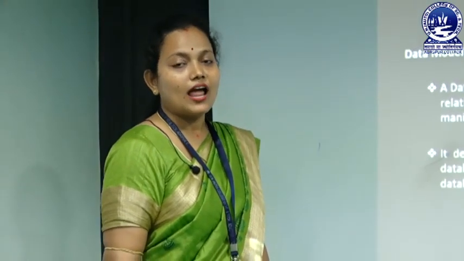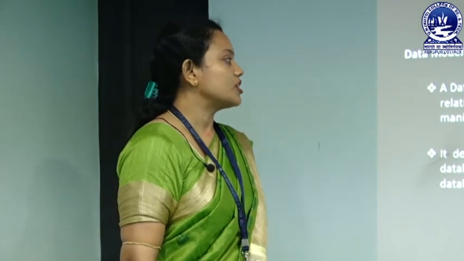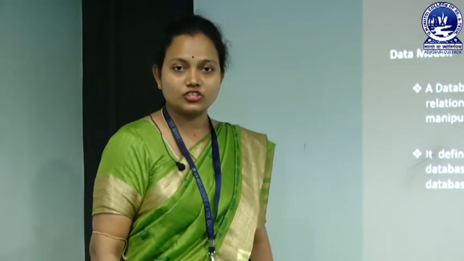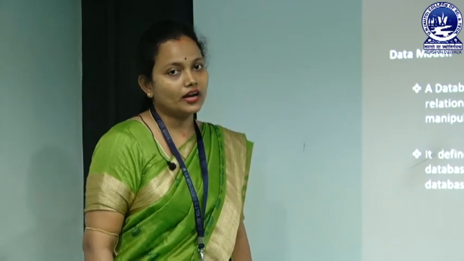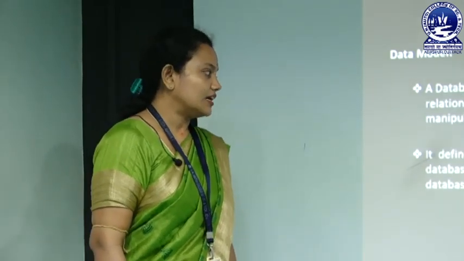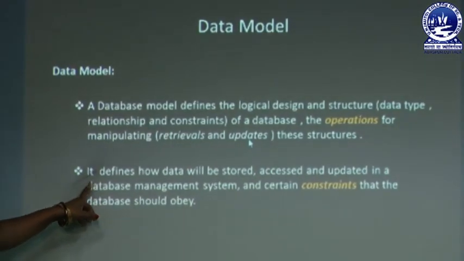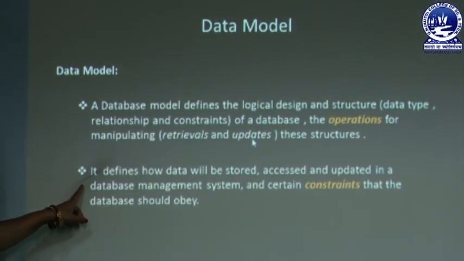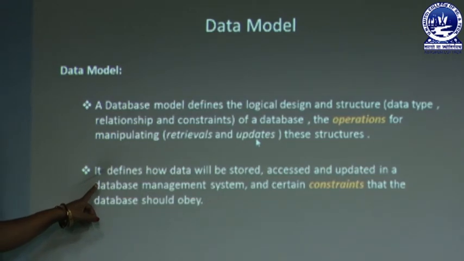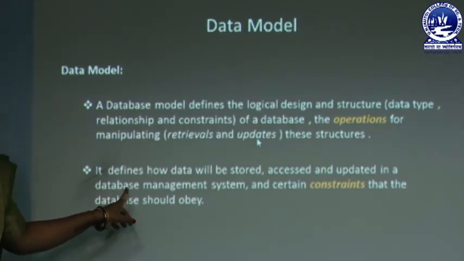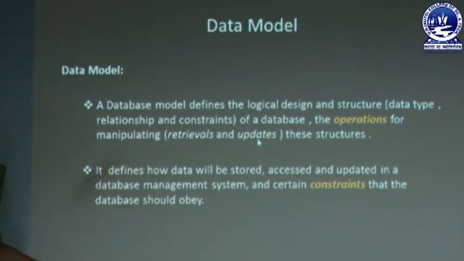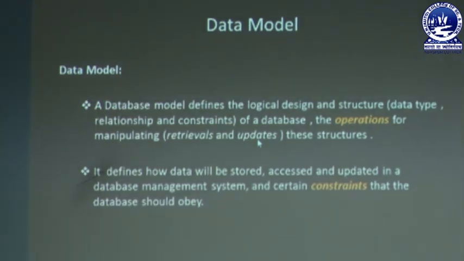These are defined by the data model, and also the operations used for manipulating this structure are included in the data model. It defines how data will be stored, accessed and updated in a database management system and certain constraints that the database should obey.